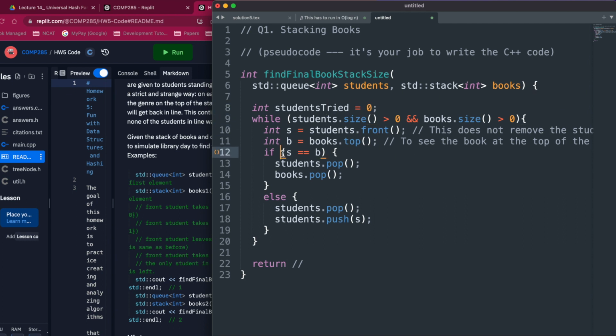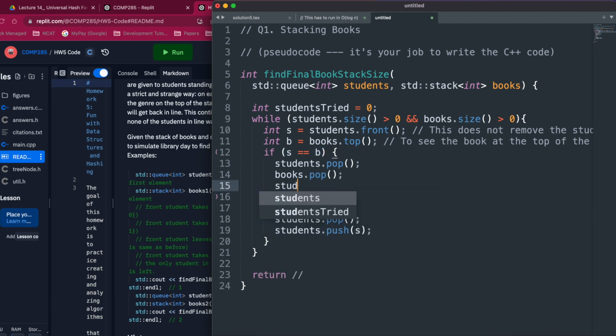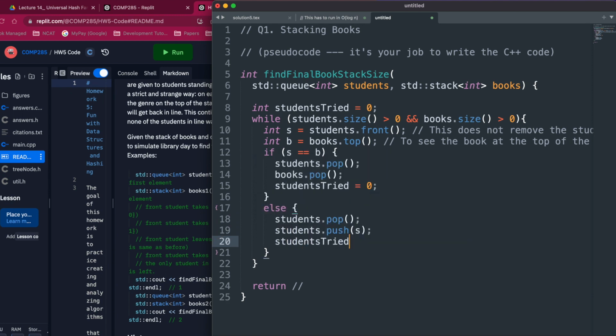Every time a student takes the top book, we set studentsTried equal to 0. Every time they don't, so the student gets popped and goes back to the line because he didn't want it, we increment studentsTried by 1. Then we want to check if studentsTried is bigger or equal to students.size.